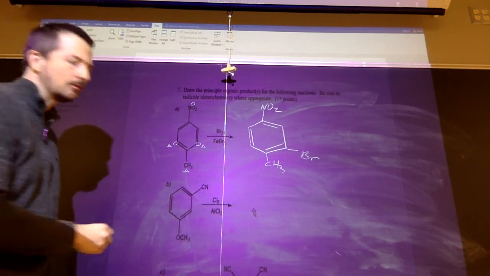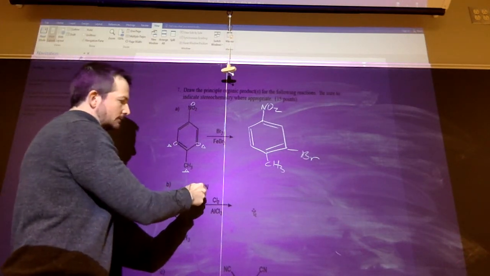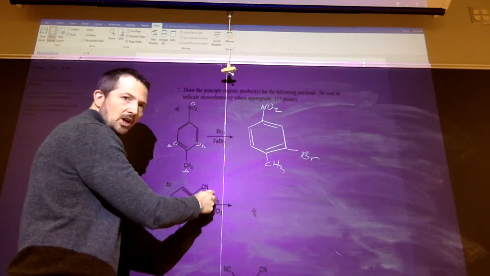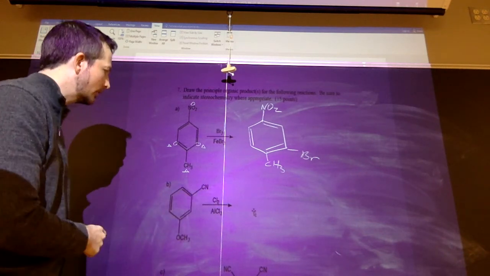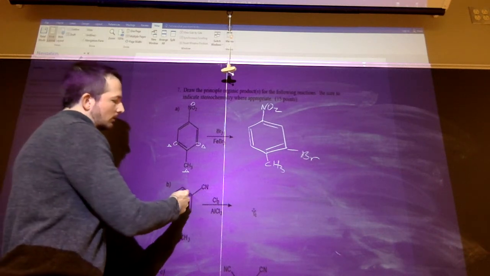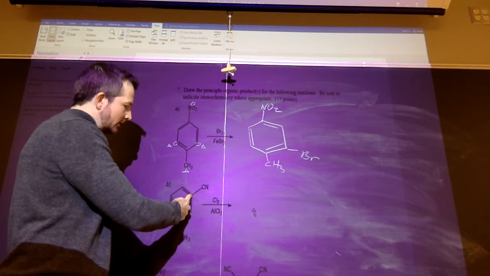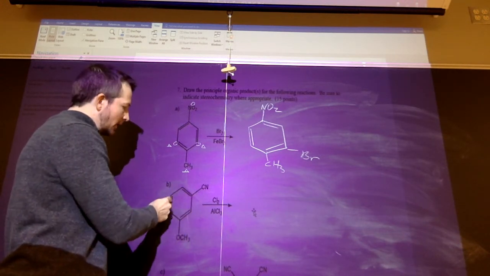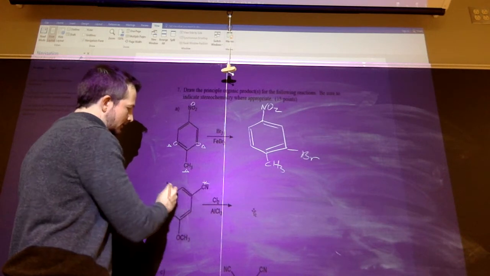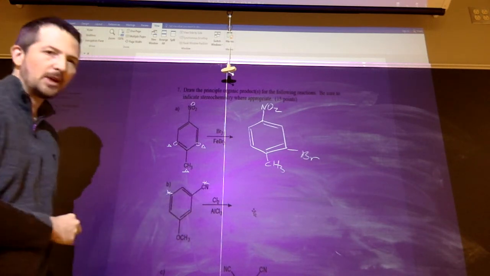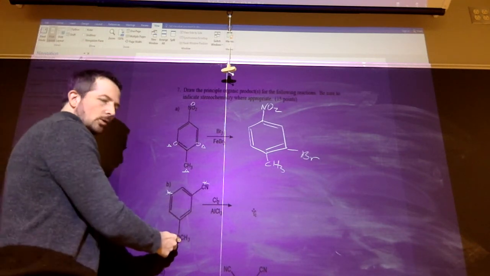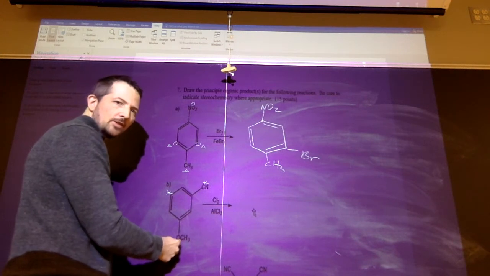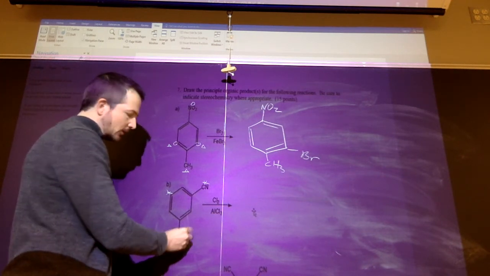Next one, have a nitrile group, multiple bond there, so electron withdrawing group, so meta director, so this meta position is blocked, so I'm going to put an asterisk there, so it directs to the meta position. OCH3, lone pair of electrons, strongly activating, directs ortho-para.